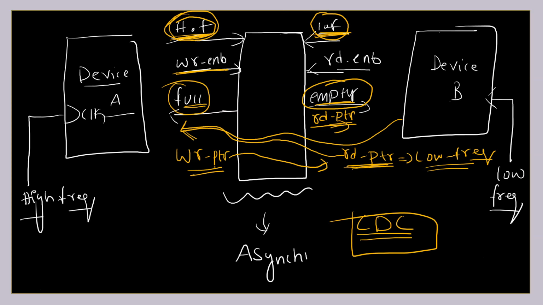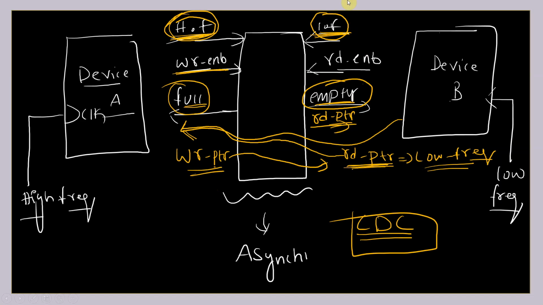Now, in the case of your synchronous FIFO, the full condition was calculated using the write pointer and read pointer, with no issue because both were incrementing with respect to the same clock. But here, in the asynchronous FIFO, if I want to calculate the full condition, I already have the write pointer information in the device A clock domain, but I want the read pointer information, which was implemented in the device B clock domain.